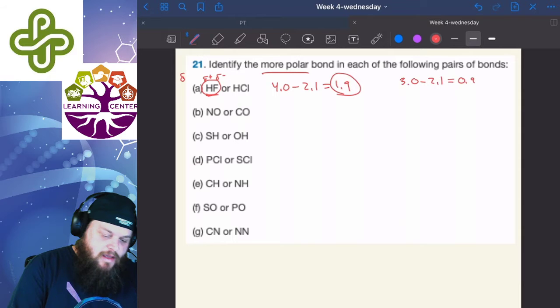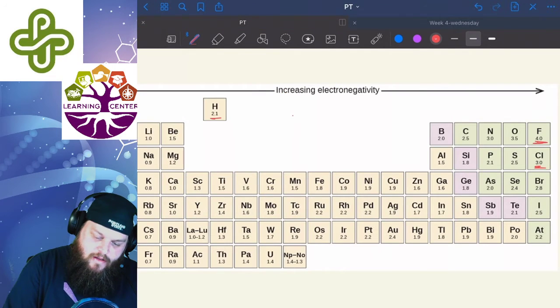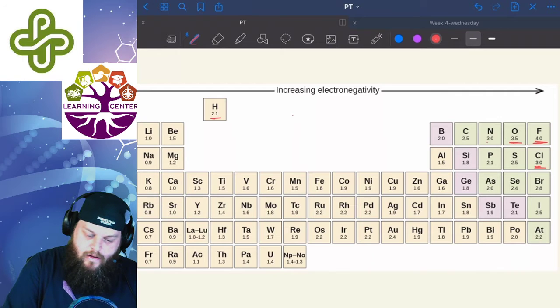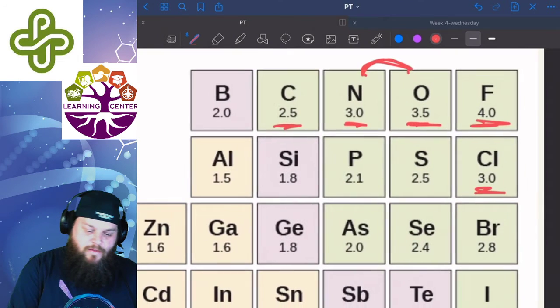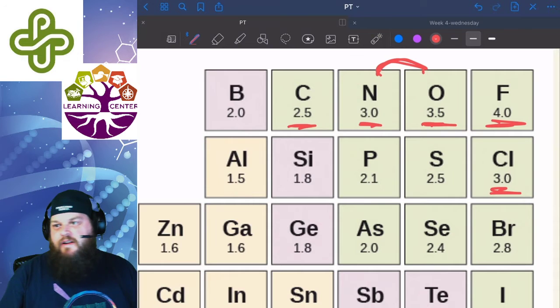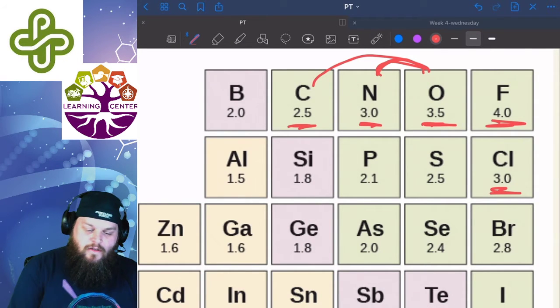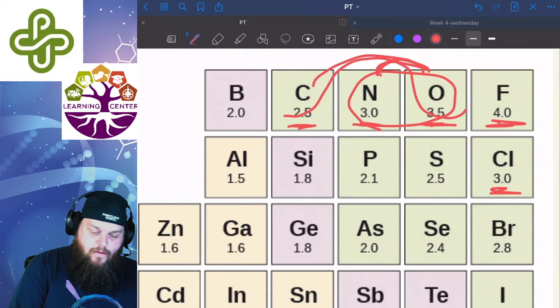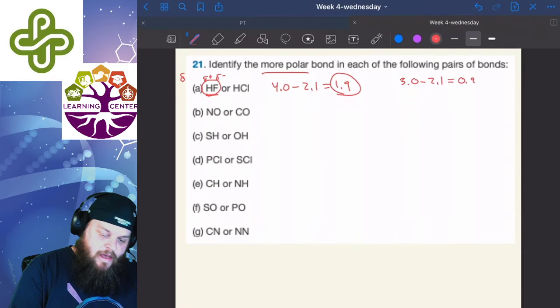We can go on to NO or CO. So oxygen is 3.5, nitrogen is 3, and carbon is 2.5. Just looking at this, you can see that the difference between oxygen and nitrogen is going to be less than the difference between carbon and oxygen. So this bond here is going to be less polar than the bond formed by carbon and oxygen. And we can see that in the math.